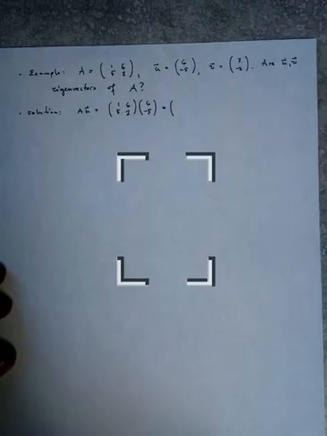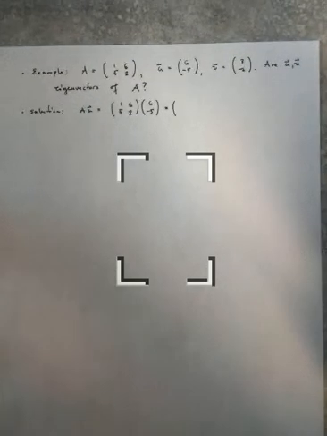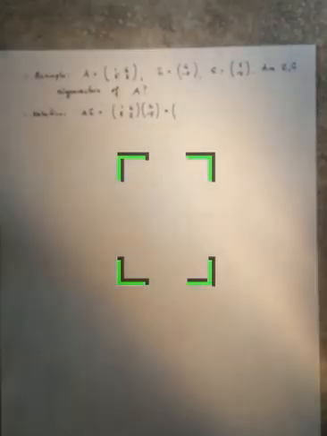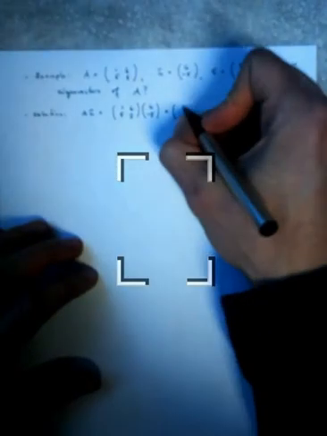What do you get? You have to do the row column rule, right? So what you get is, check your answer, negative 24 and 20.